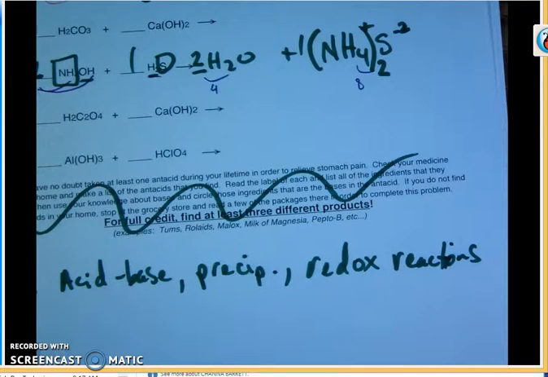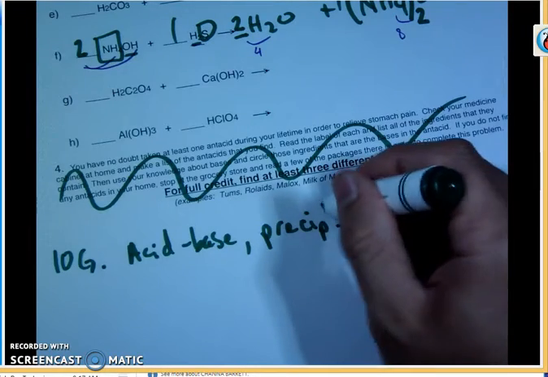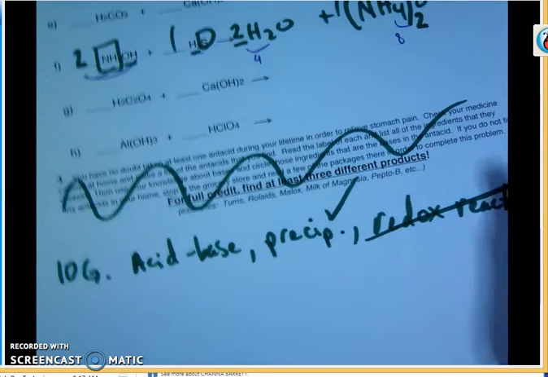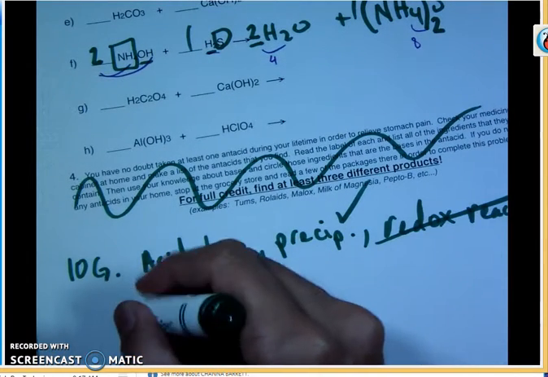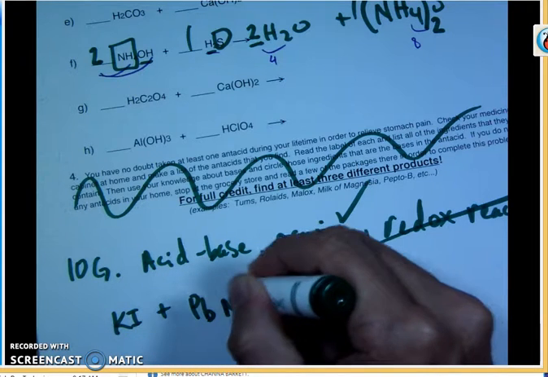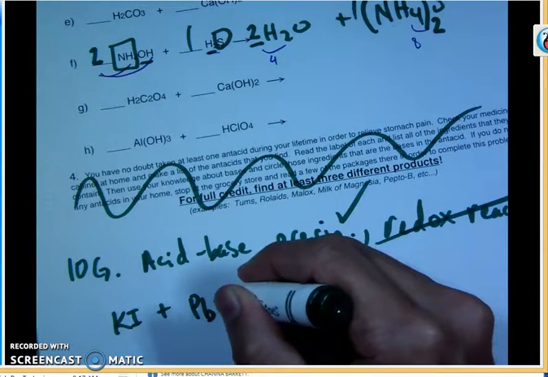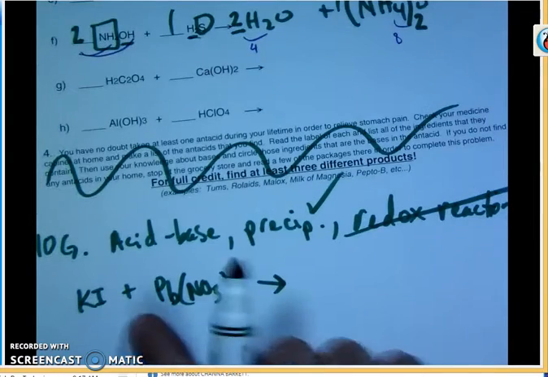So this year we're not going to learn about redox reactions. We already learned about precipitation reactions back when, remember, when something's insoluble or soluble, when you have a double replacement reaction like KI plus Pb(NO3)2, something like that. And then we have to see if these are soluble.